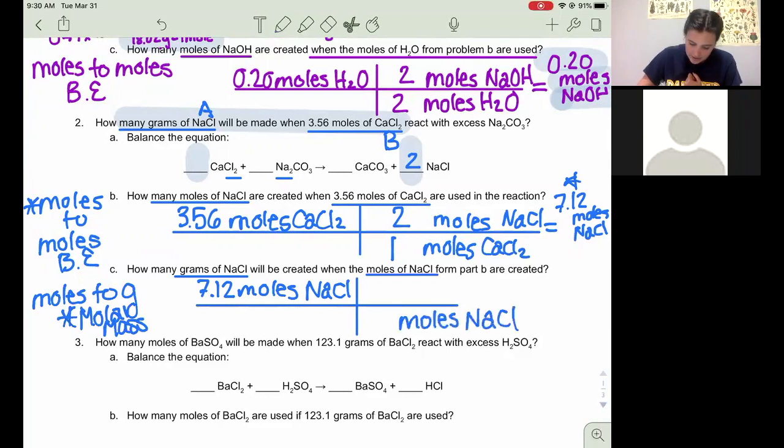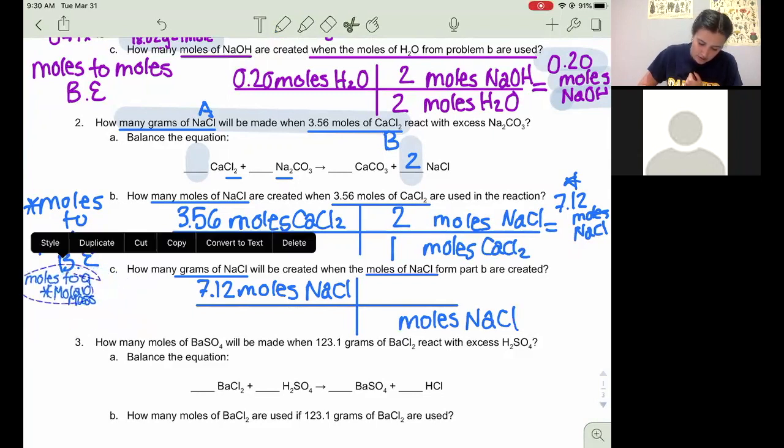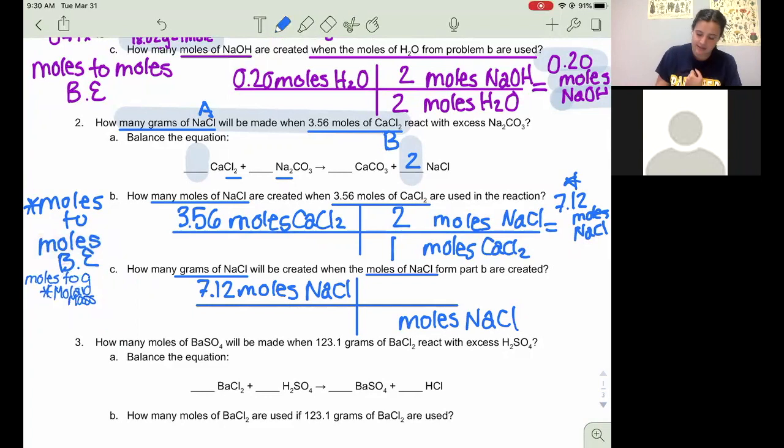Then I need to use this good old molar mass. The molar mass for sodium chloride is the mass of your sodium, which is 22.99, plus the mass of your chlorine, which is 35.45. So you get 58.44 grams equals 1 mole.